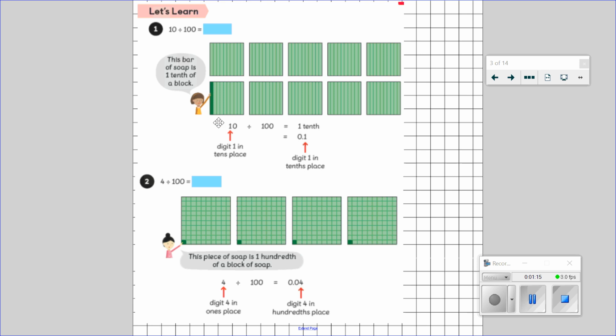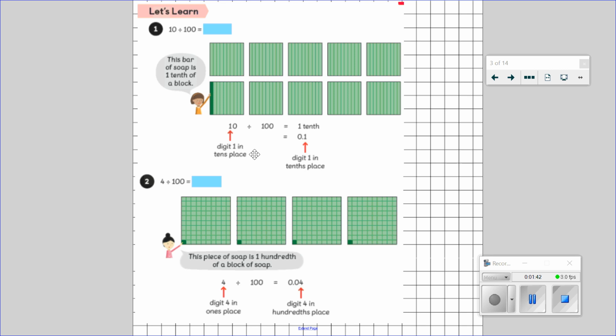She's taken each block and split them into 10 pieces. 10 pieces in 10 blocks equals 100 pieces altogether. And you can see in one block, one piece is worth a tenth. So 10 divided by 100 equals 1/10, and written as a decimal, 0.1.